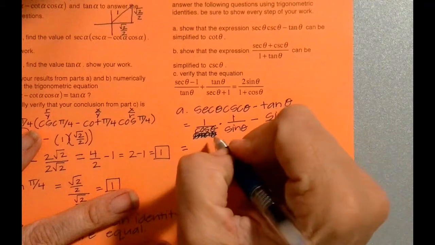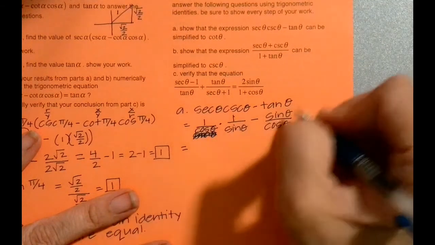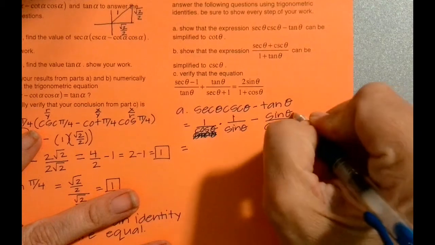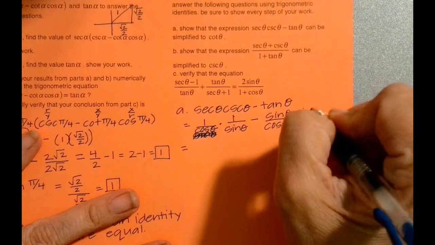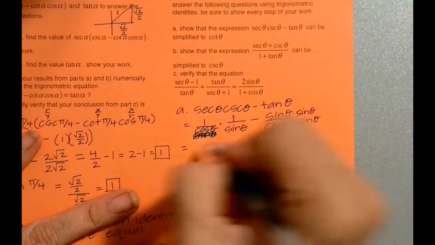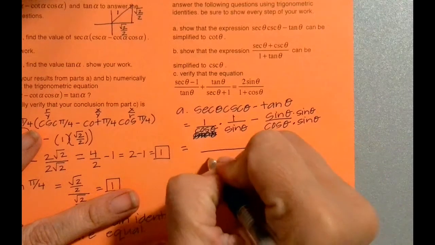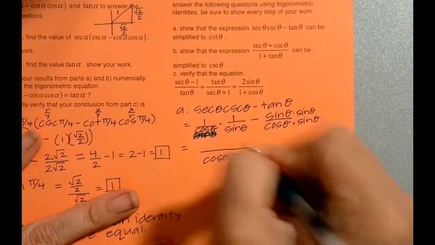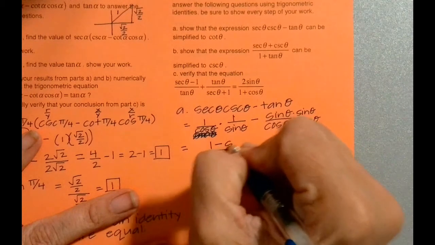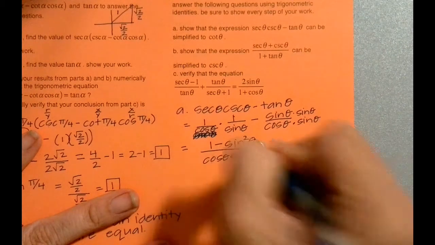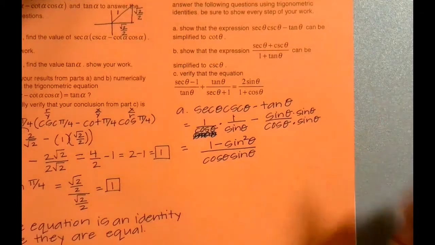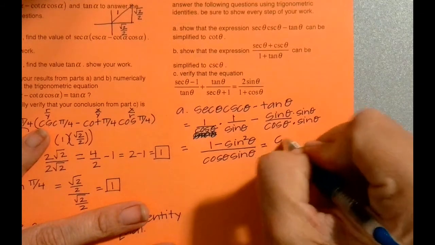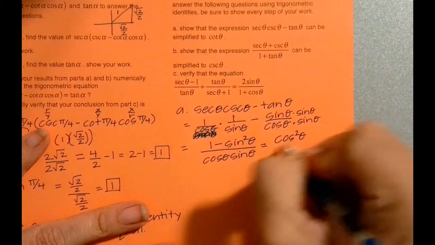So then this is going to be where I'm going to get common denominators and multiply this by sine theta. So I end up with cosine theta over sine theta as my common denominator, and 1 minus sine squared theta in my numerator. And then 1 minus sine squared theta is cosine squared theta.